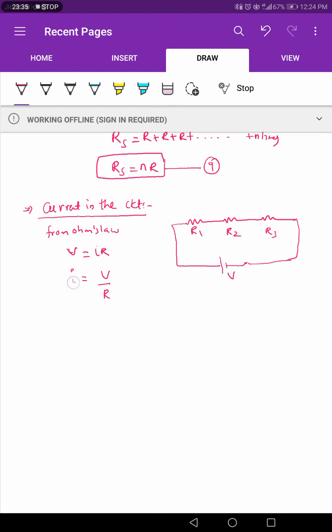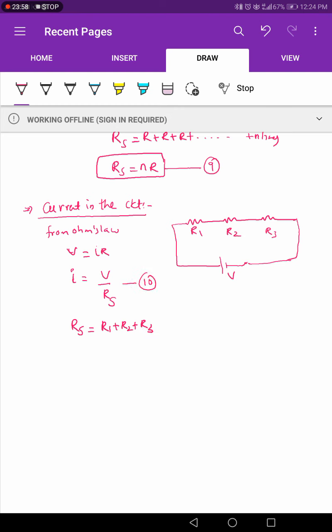This is for only one resistor. But here the resistors are in series, a group of resistors, that's why we can take effective resistance in series. So what is the formula for effective resistance in series? R1 plus R2 plus R3.